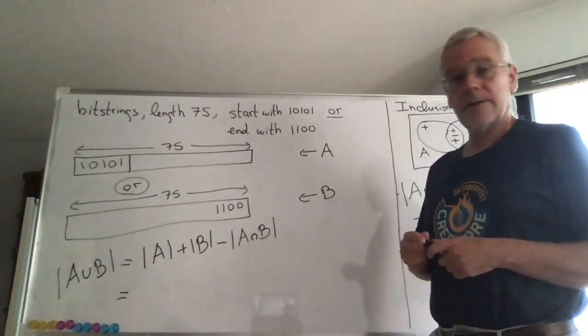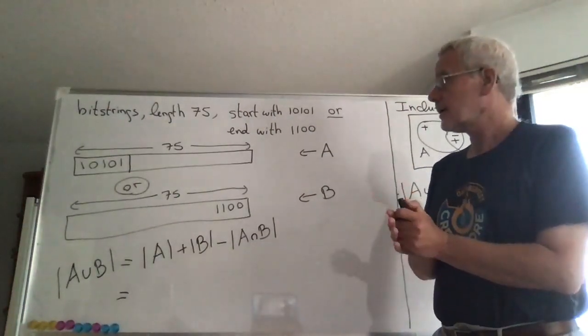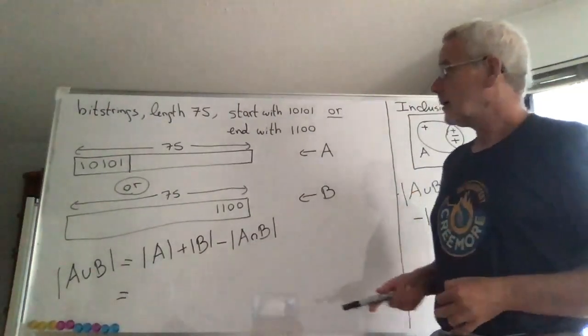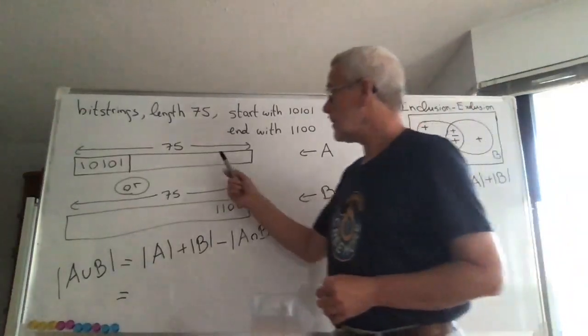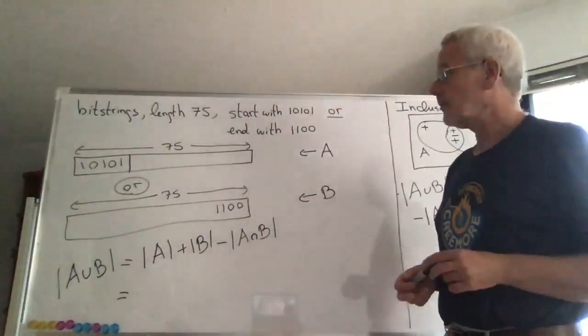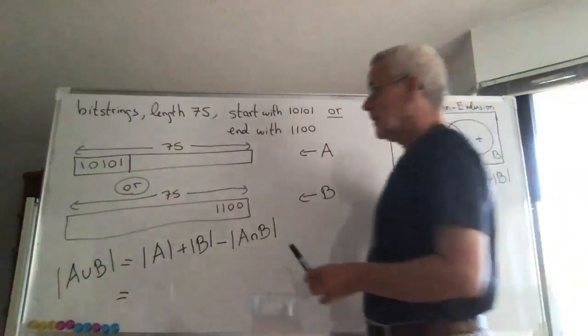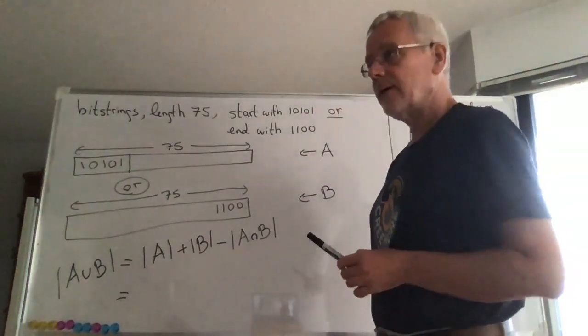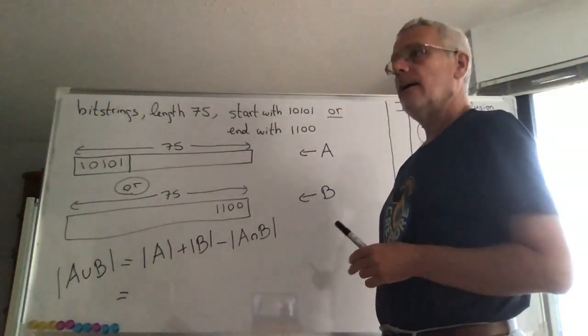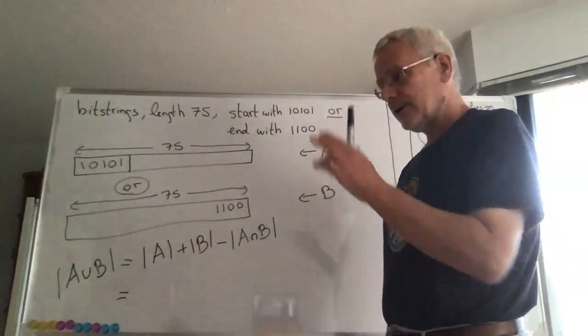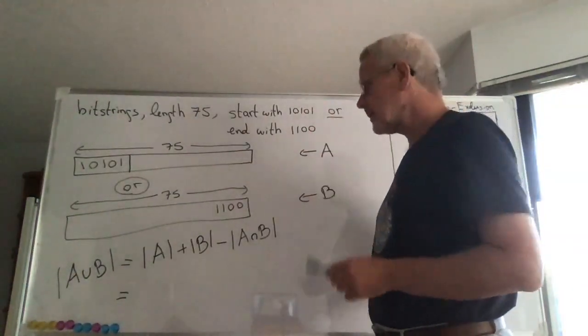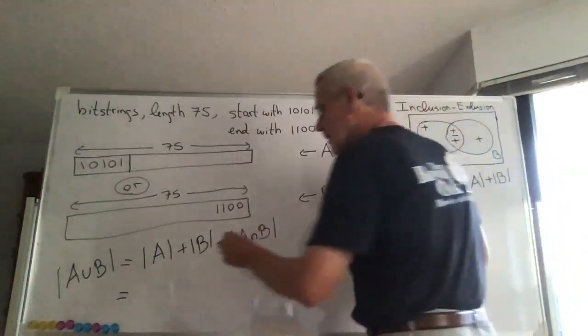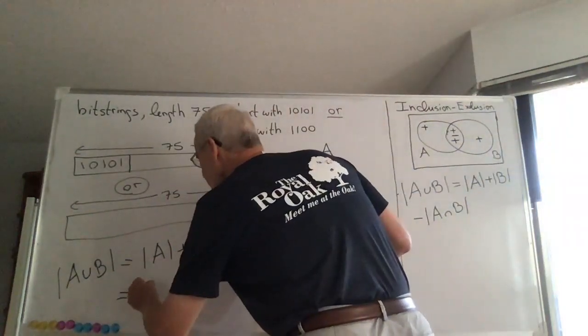And this is a simple application of the product rule, because the size of A is equal to the number of bit strings of length 70. So we have to write down 70 bits. For the first bit, 2 choices, next bit, 2 choices, etc. So the size of A is 2 to the power 70.